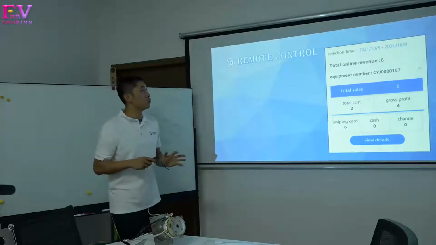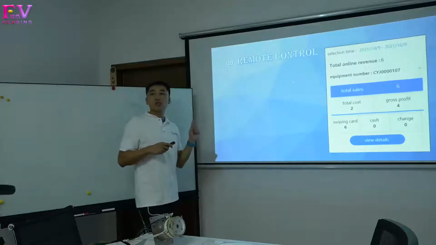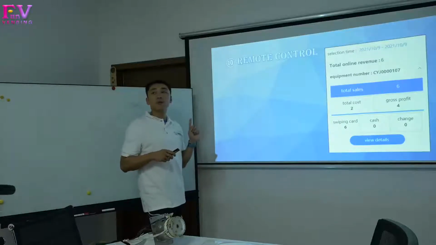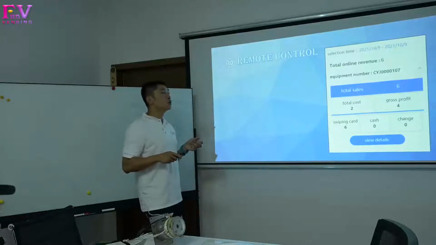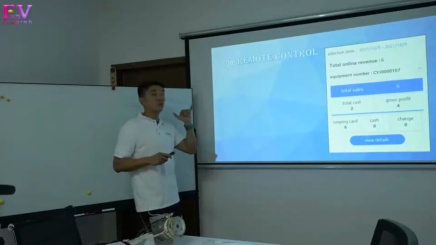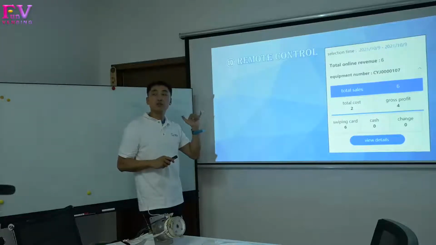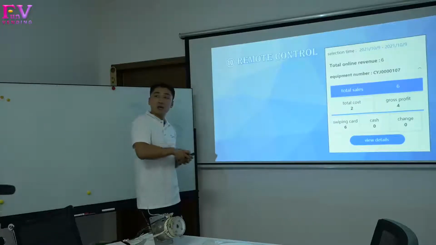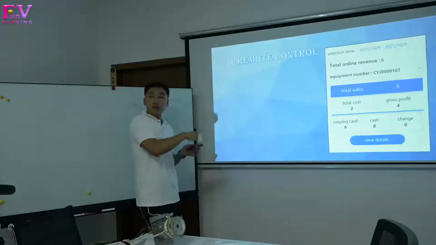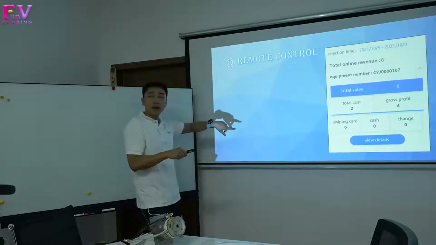And the next one is the total online revenue, because this revenue is very important for the administrator. Total sales maybe six US dollars, and all by swipe card. I mean, credit card reader, swipe card to pay.